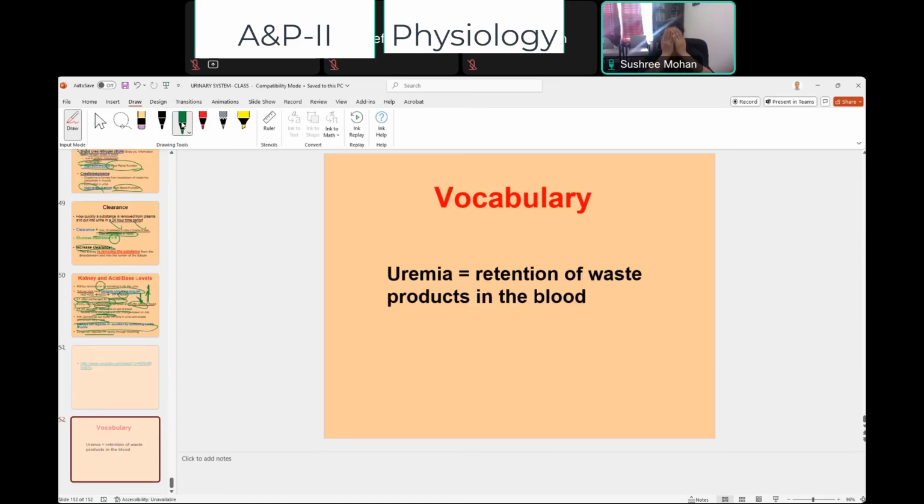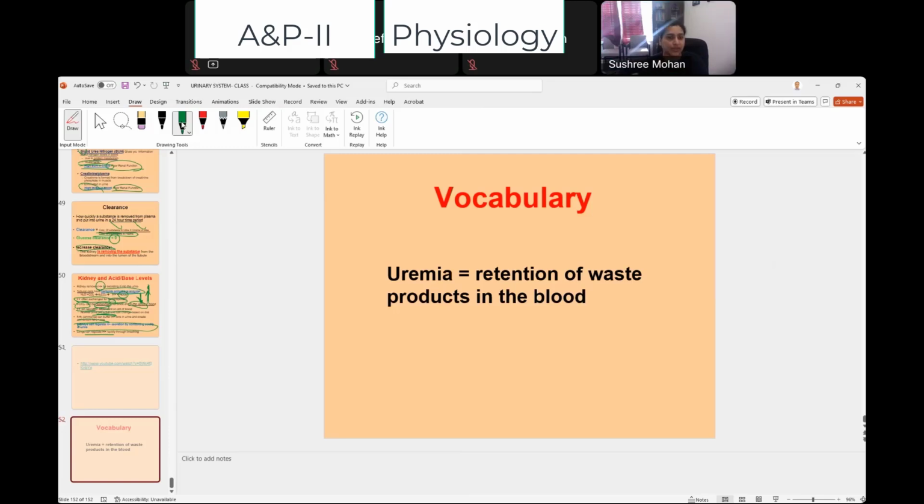So that finishes off our close to 152 slides of urinary system. So I hope you understood the anatomy part, the structure, the physiology, the mechanism, the function, filtration, reabsorption, secretion, cortical nephrons, medullary nephrons, and the arteries that bring the blood, and the veins that take back the blood.